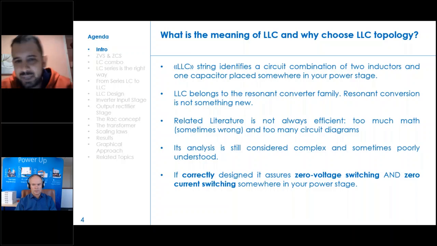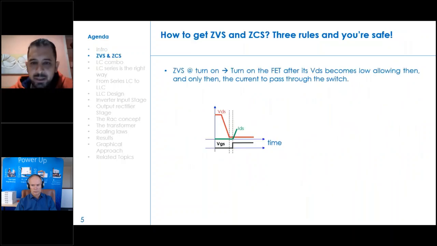But despite that, if you correctly design the LLC, it assures zero voltage switching and zero current switching somewhere in your power stage. We will go into this in a while. These features can significantly improve EMI performance of your circuit and the overall efficiency over a wide load range.